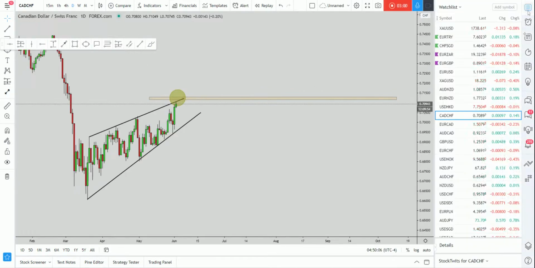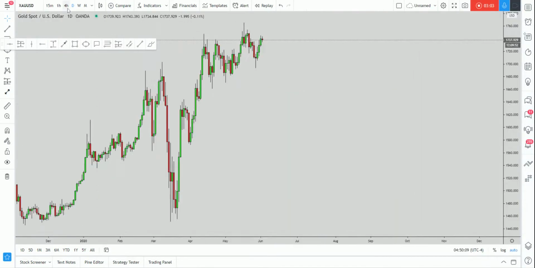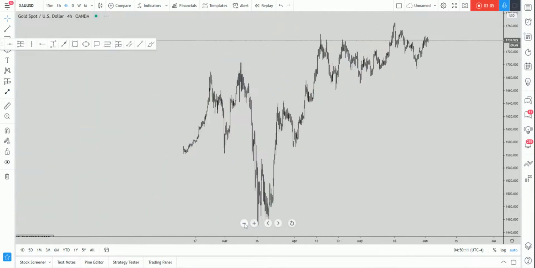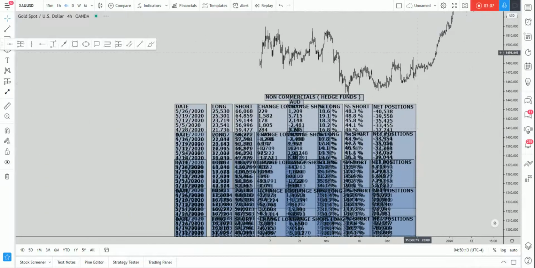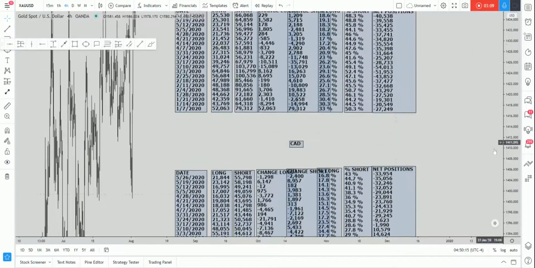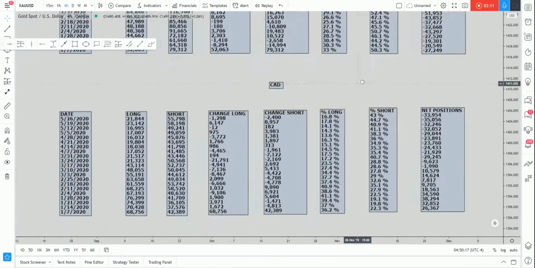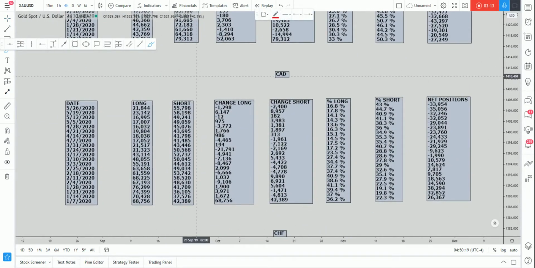Now, let's see what we have from a COT perspective, so commitment of traders, what hedge funds are doing at the moment from a CAD perspective and from a CHF perspective. From a CAD perspective, we can see that currently we are sitting at minus 33k net positions, meaning that we have more shorts than longs, and we were coming from a situation where we had more longs than shorts.